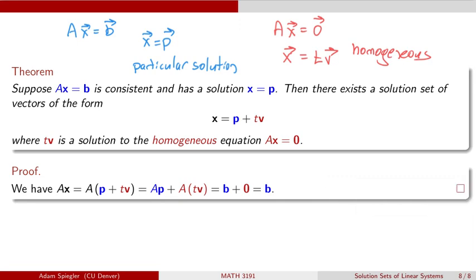So now what we've seen is that when we plug x equals p plus tv in place of x into this equation, what we get out is the vector b. Therefore, p plus tv is a solution to the non-homogeneous system because out comes the vector b.